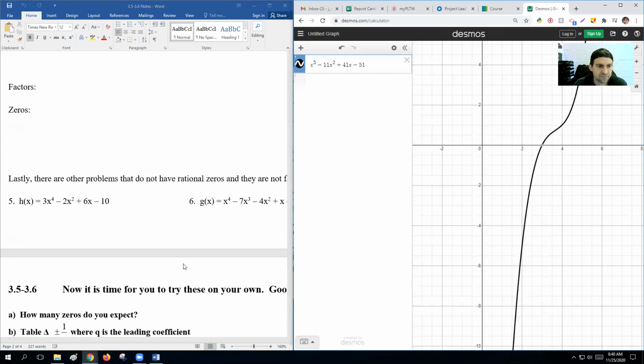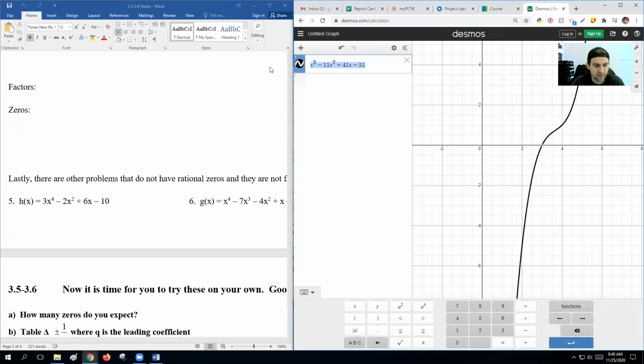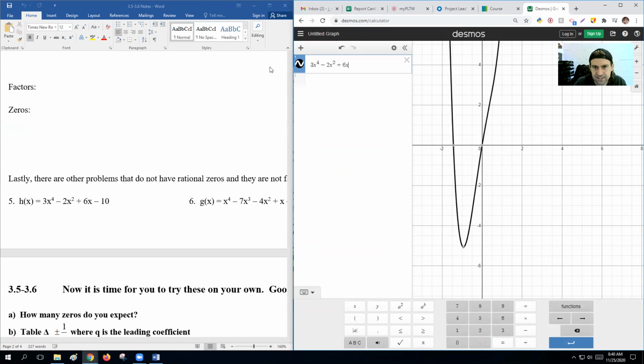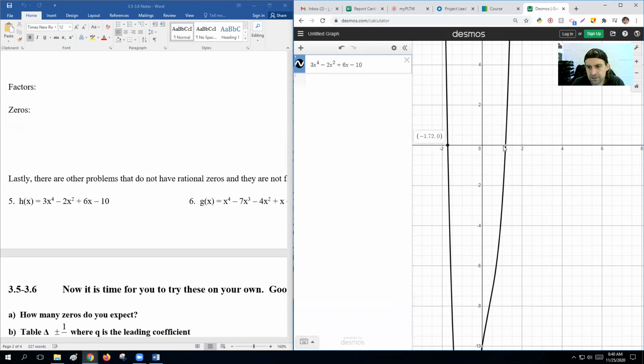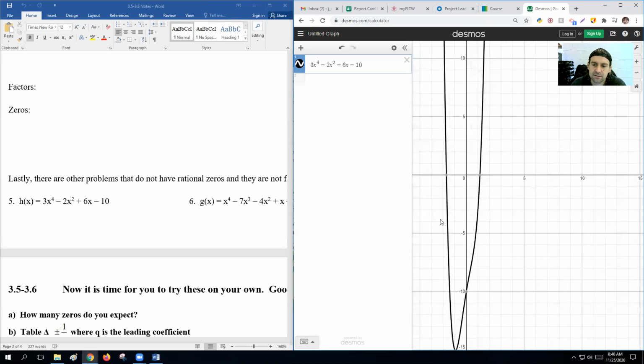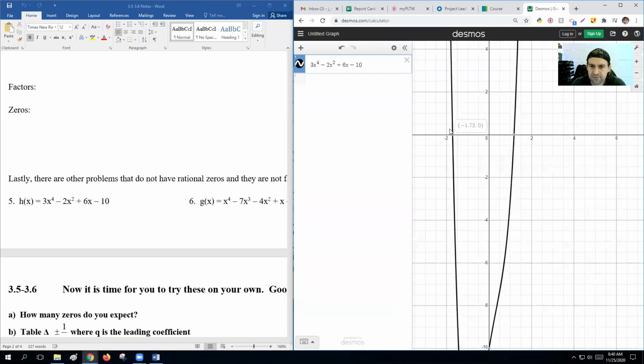So a couple problems to watch out for are ones that we want to be able to do. So if we look at this first problem here, 3x to the 4th power minus 2x squared plus 6x minus 10. All right, so we would know here, we try to see where does this cross, and we got 2 spots where it does cross the x-axis, even though we should potentially have up to 4.